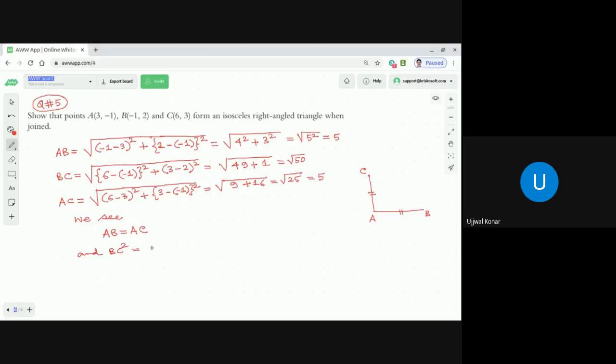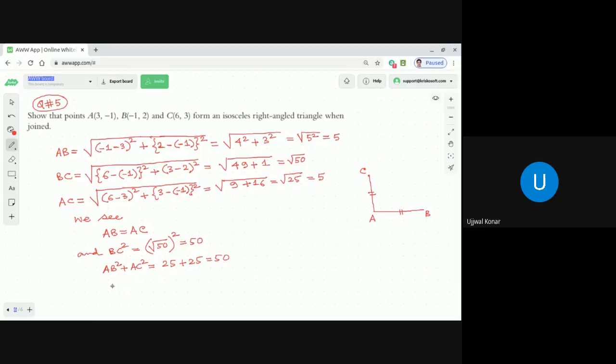BC square is equal to square root of 50 whole square, which is equal to 50. That is 25 plus 25, so 50. And the next one, dear students, is AB square plus AC square, that is 5 whole square is 25, and again 5 whole square is 25. So that is equal to 50.